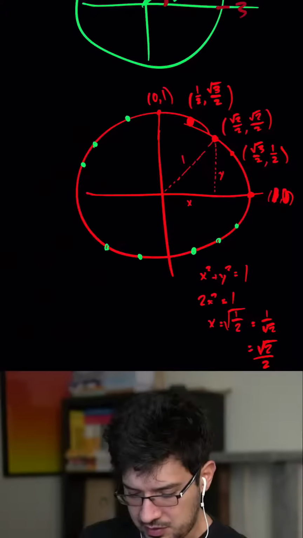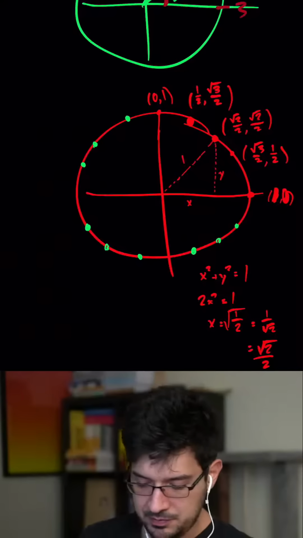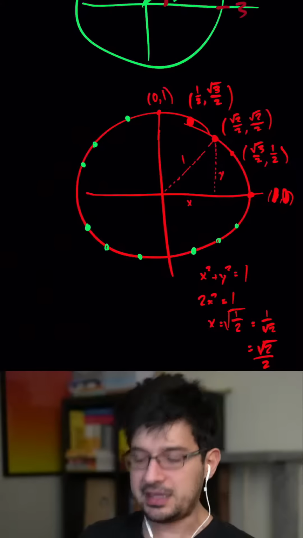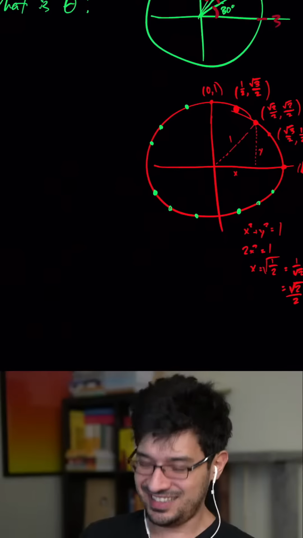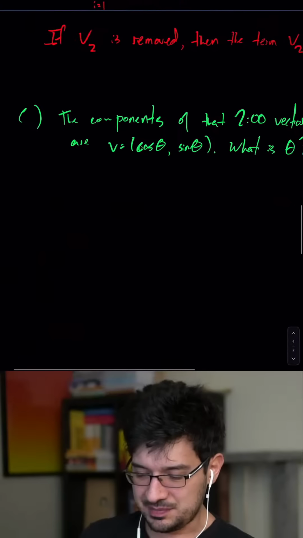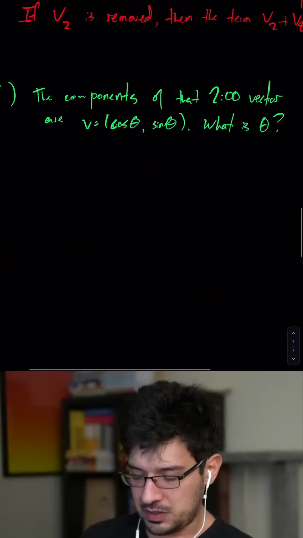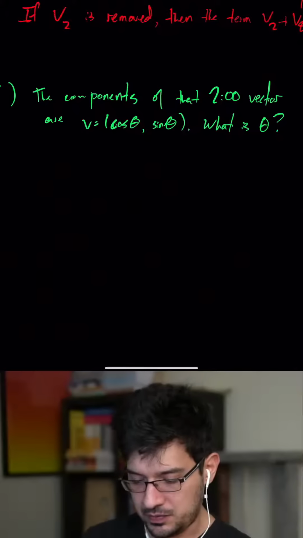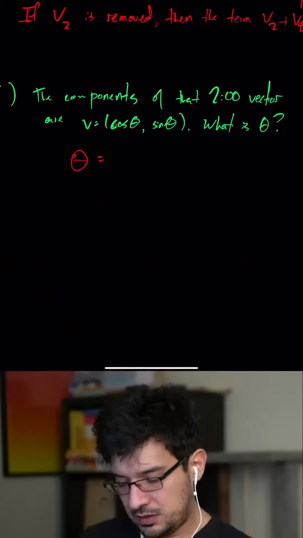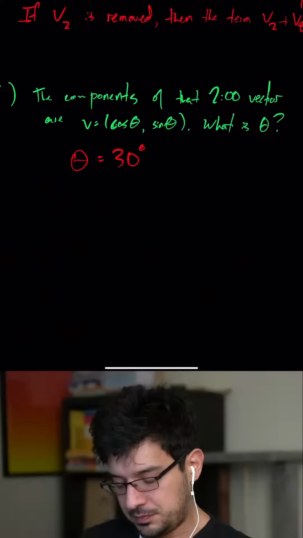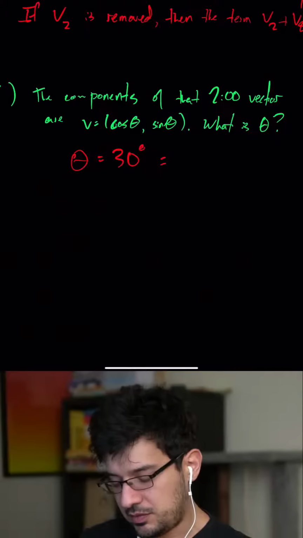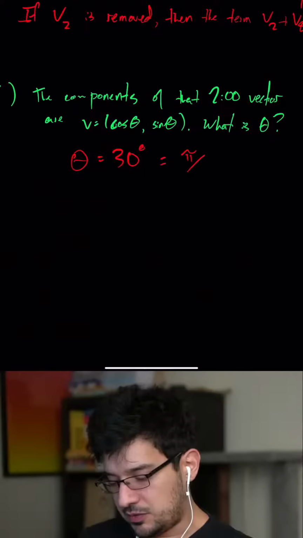You can just learn one of the coordinates and then calculate everything else based off of that, I think. That's how I like to see it. Components are those. What is theta? Theta is for sure 30 degrees, which is the same as pi over 6.